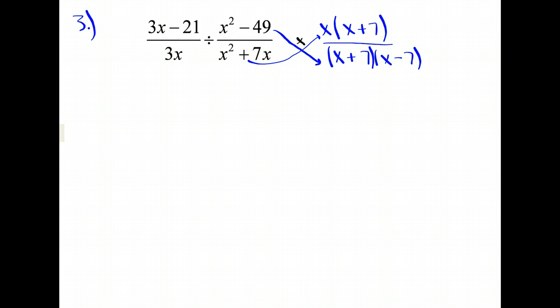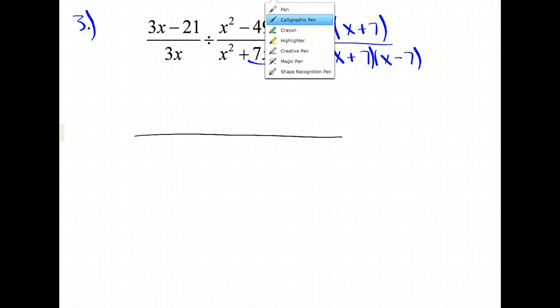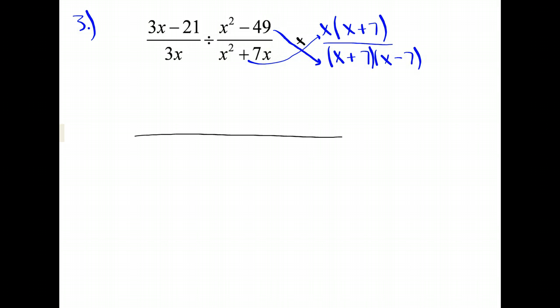So I change the division to a multiplication by multiplying by the reciprocal. And then I'm just going to clean everything up and write out all my factors. My numerator is going to have 3x minus 21 and x times x plus 7, and my denominator is going to have 3x and x plus 7, x minus 7.